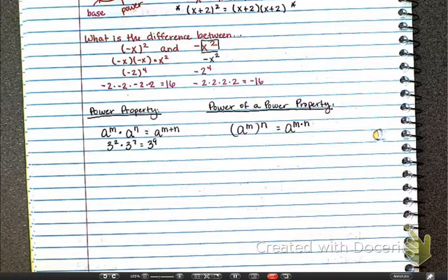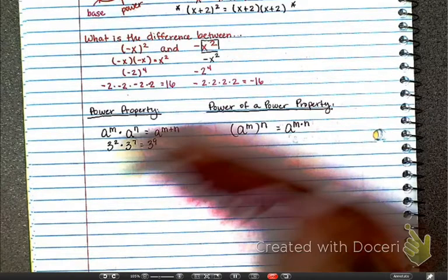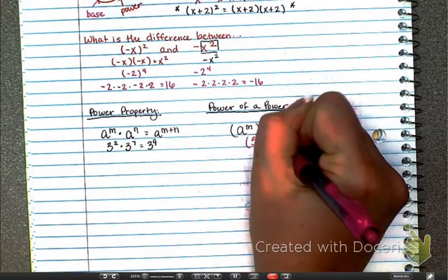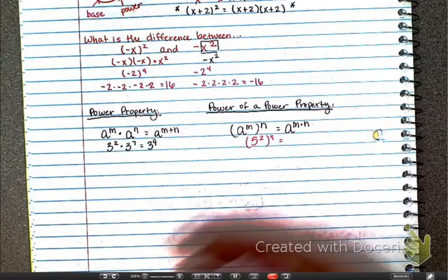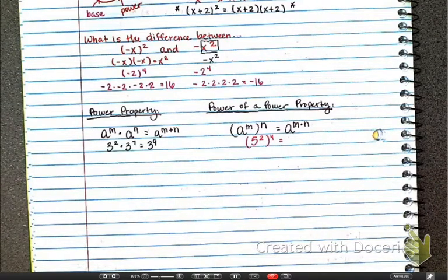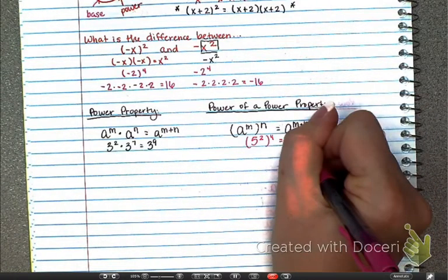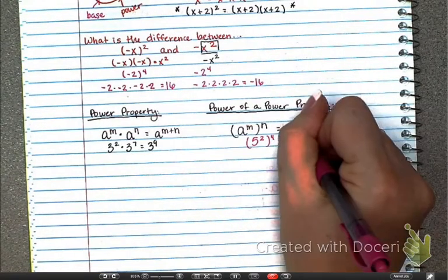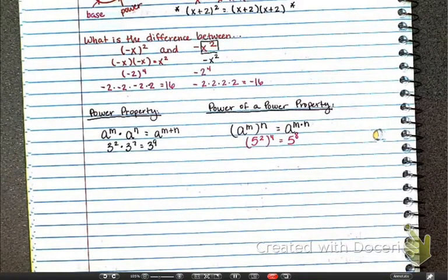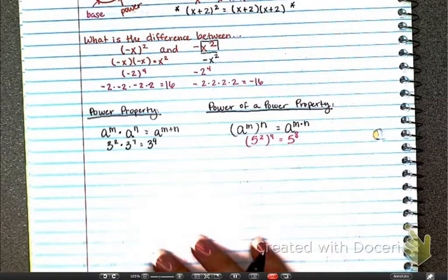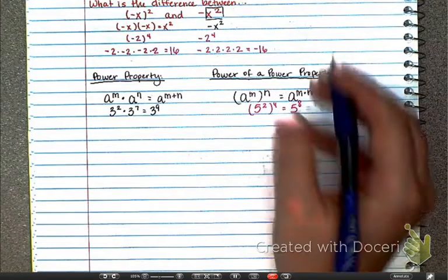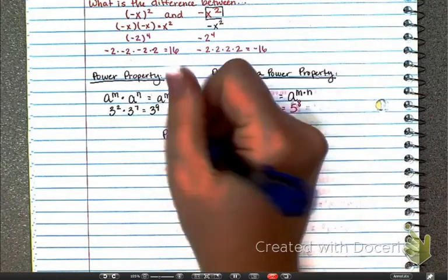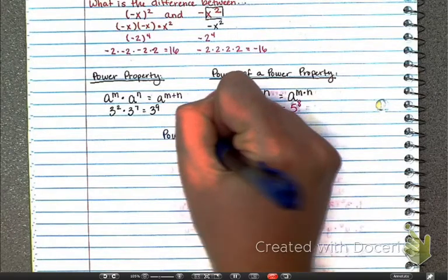So if I give you 5 squared to the 4th power, what would that be simplified? My base is 5 to the 8th. And then again, you would plug 5 to the 8th in your calculator and get a large number. Does that one look familiar now that you've seen it? Yeah? Okay, last property for today is power of a product.